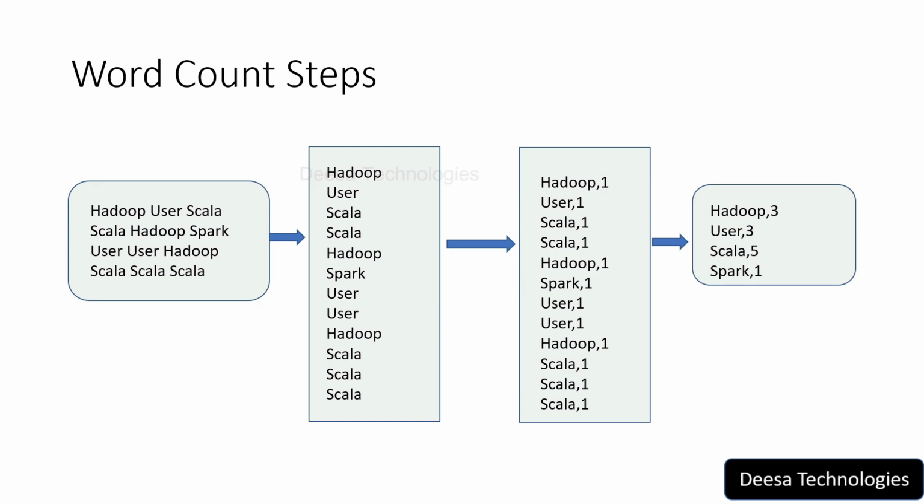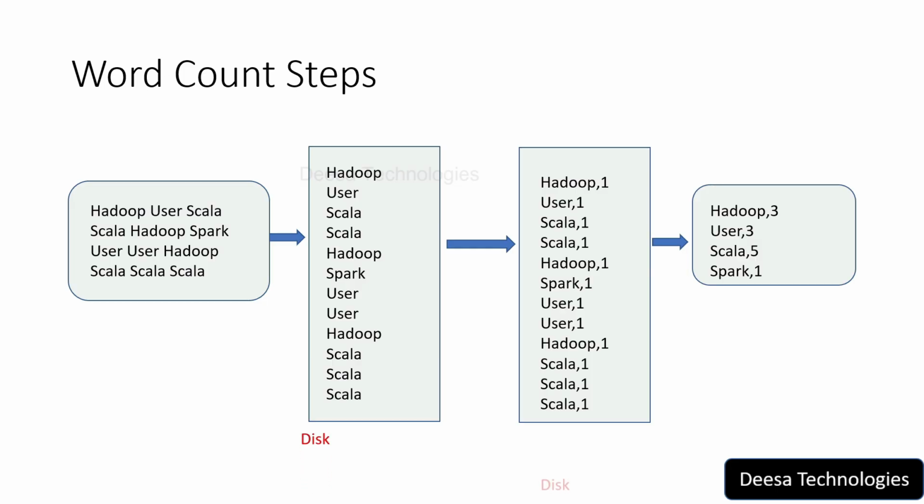Now what is the basic difference between these two? In MapReduce, when you load the data, it is loaded and saved in the hard disk. Then when you flatten the data, the result is again stored in the hard disk. Then it assigns a key, and it stores the data again in the hard disk. So every time you do a transformation, the intermediate results are stored in the disk.